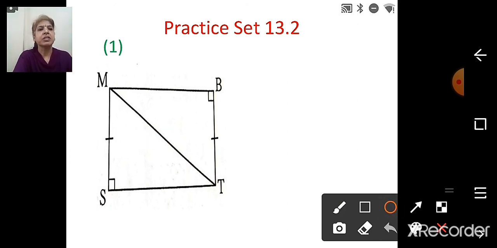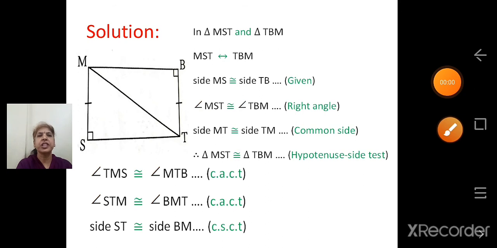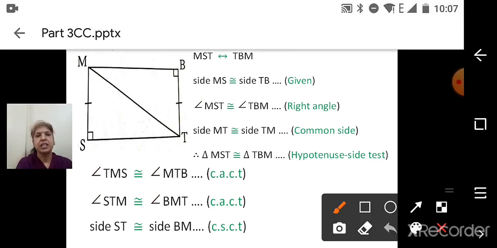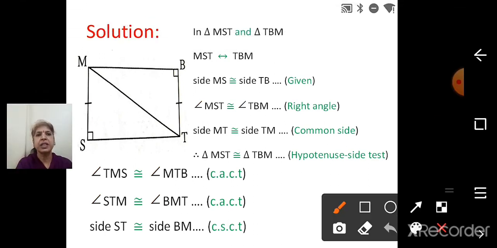Now the solution. Children, you are going to present it this way. Draw the figure and show the identical markings also. First we write the name of the triangles. The first triangle is MST, and the second triangle is TBM.